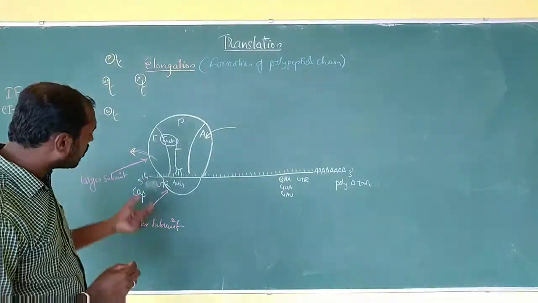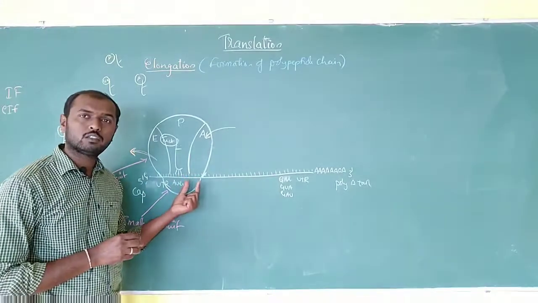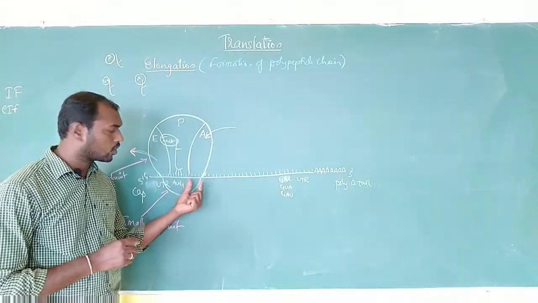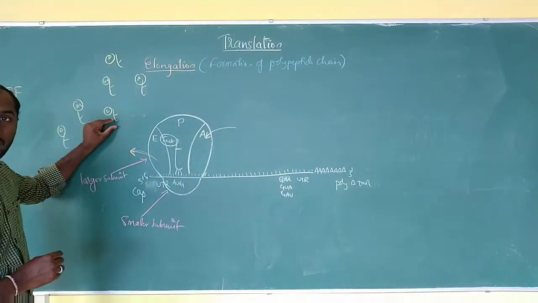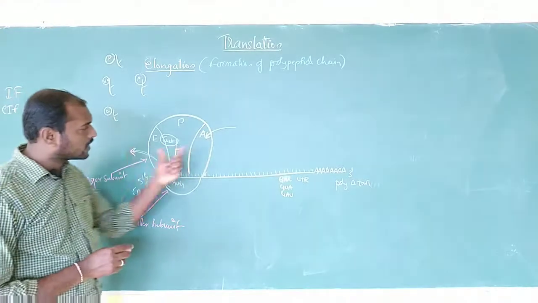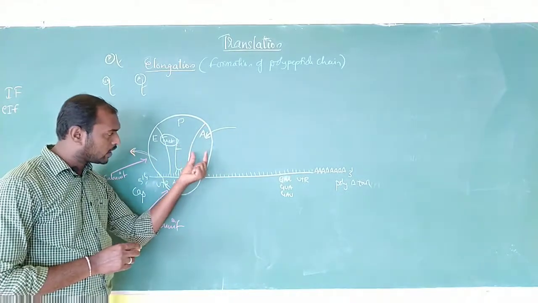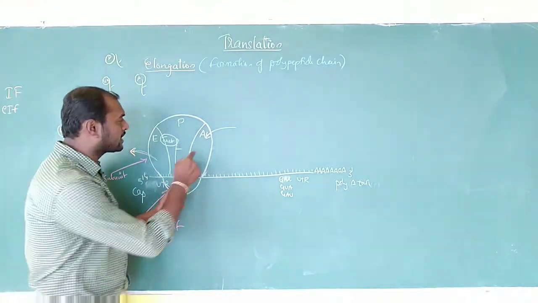So now, according to the codon which is present on the mRNA and the anticodon which is present on the tRNA, they will come and bind to the mRNA at the A site.